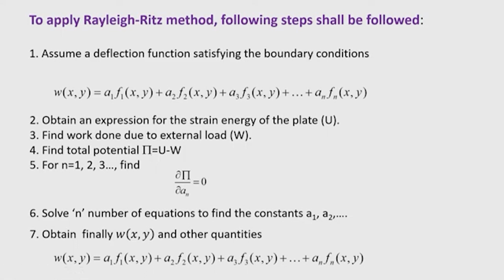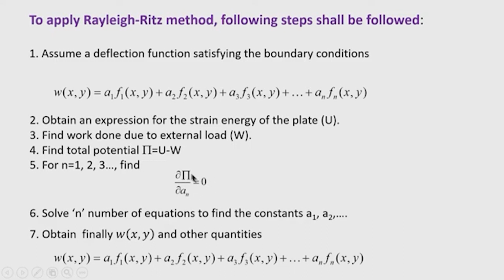Then you see that pi equal to U minus W contains a 1, a 2, a 3 in square form, because it is an energy expression, coming from the energy expression pi. So, therefore, it will contain the square of this quantity. Now, we are showing it for any term, and we have to carry out this derivative for all the terms, that del pi by del a 1 equal to 0, del pi by del a 2 equal to 0, like that.